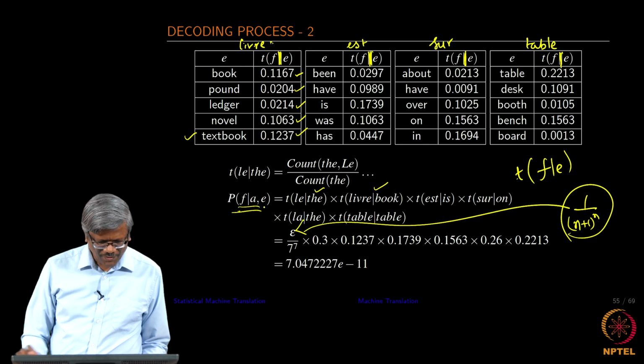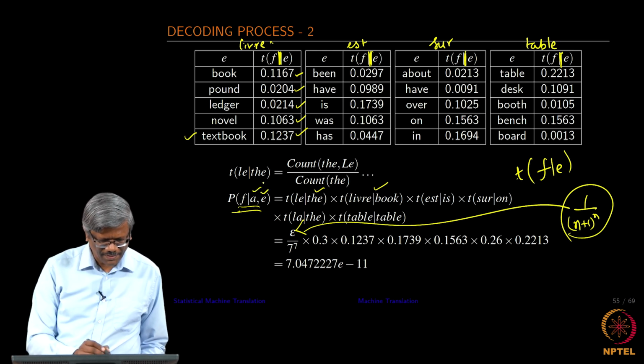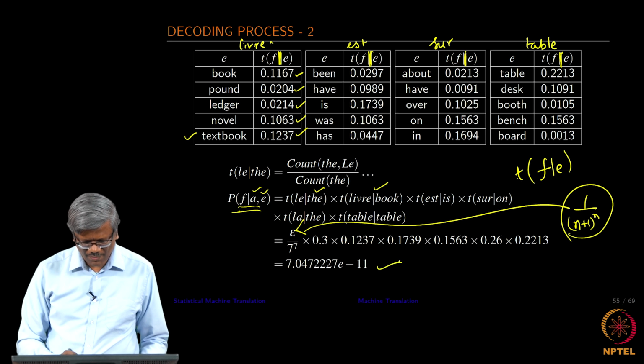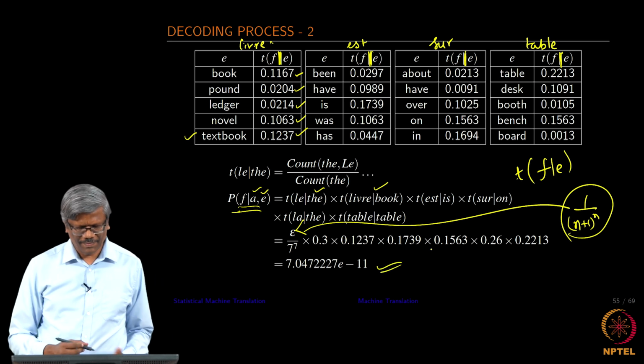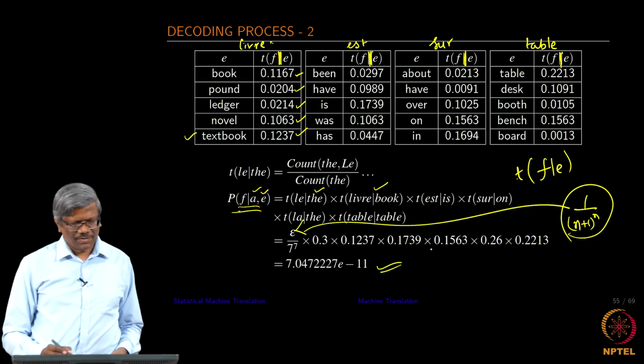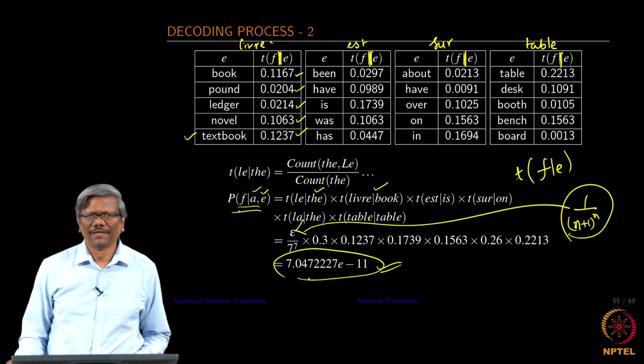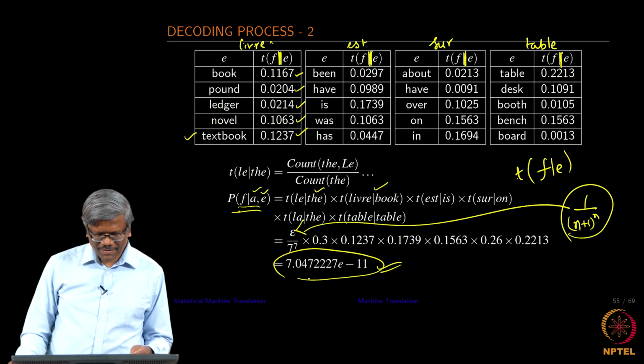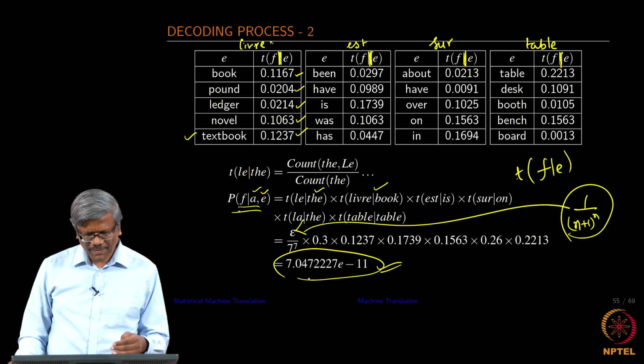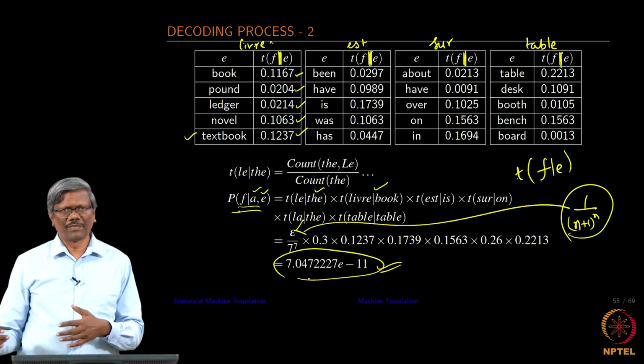Okay. So, given the alignment and the English sentence, you get the translation, and this is what you finally end up with. Okay. So, in all these cases you will find a very small value at the end. Okay. And this is only for one small set of sentences based on the alignment that we have picked.